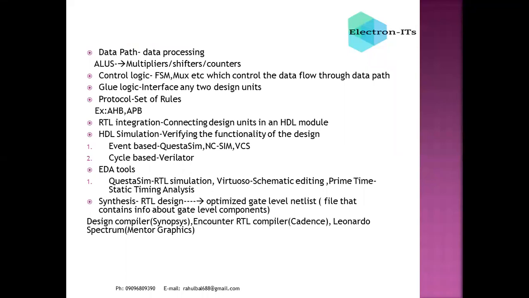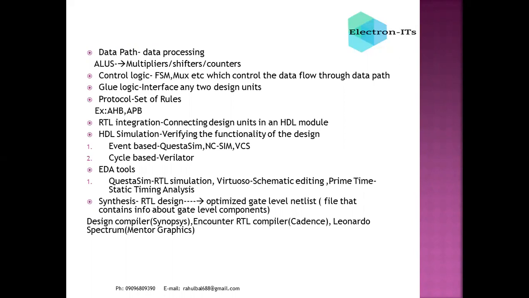Then what is data path? The path traveled by the signal through a collection of data processing elements such as ALUs, multipliers, shifters, counters, etc. that perform the data processing operations is nothing but data path. Then what is control logic?